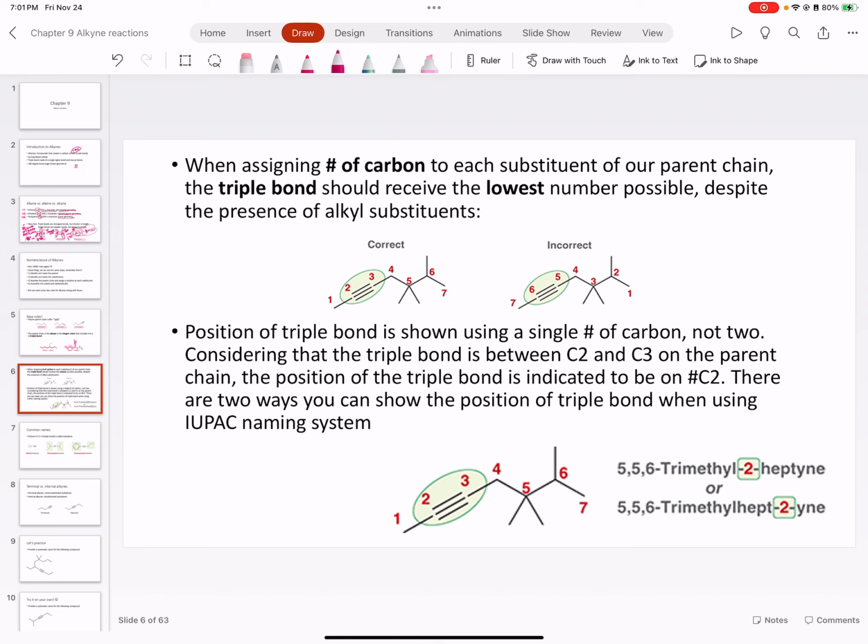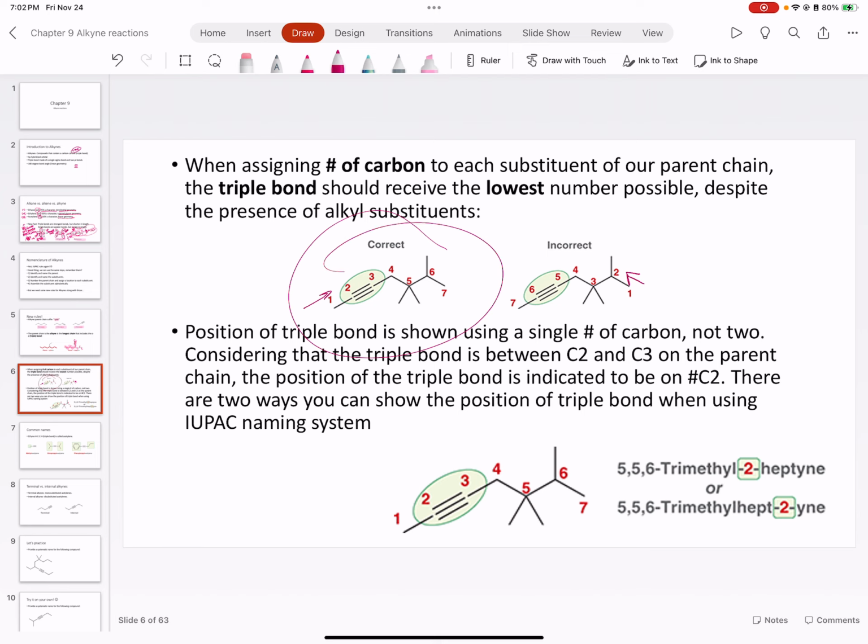In this case, the alkyne is the higher priority group, therefore we want it to have the lowest number possible. We don't care about other substituents, we care about the alkyne having the lowest number possible. That's why we start counting from this side rather than from the other side. So like I said, that one will be the correct way.